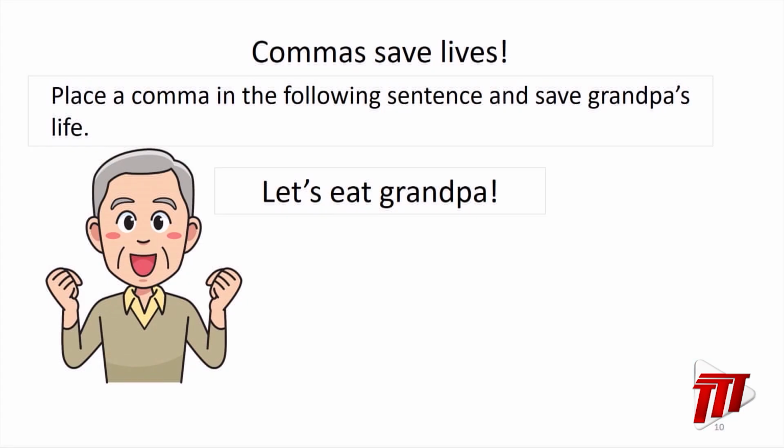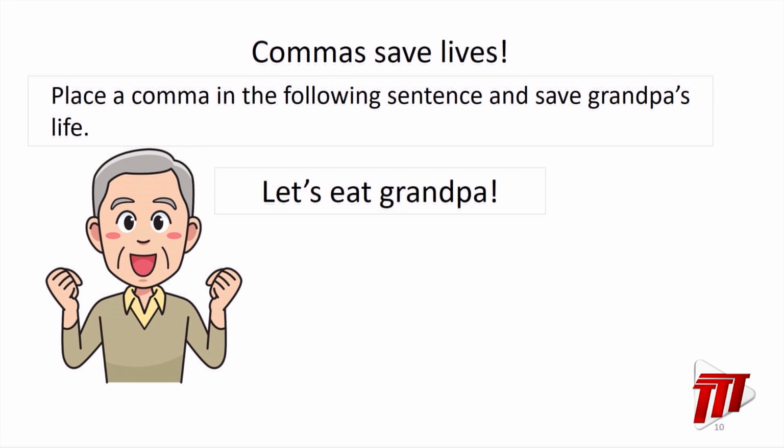Commas save lives. How can a comma save your life? Let's place the comma in the following sentence and save Grandpa's life. Let's eat Grandpa. Where goes the comma? Let's eat Grandpa. Do you know the rule in using the comma here? Yes, it's using a comma after a direct noun.